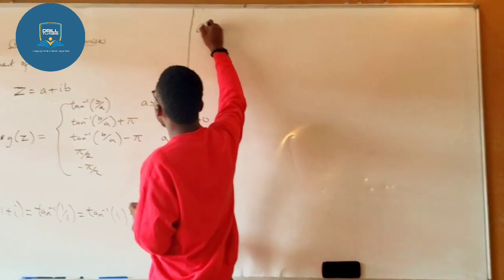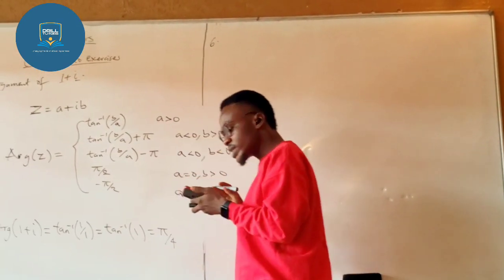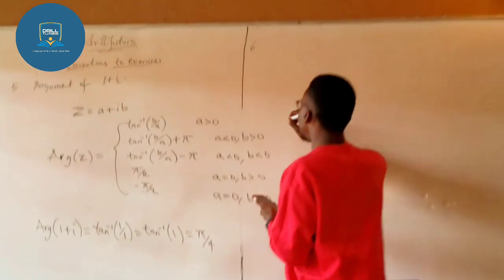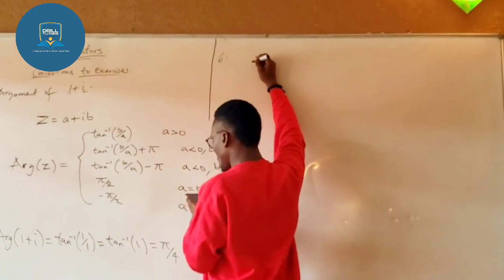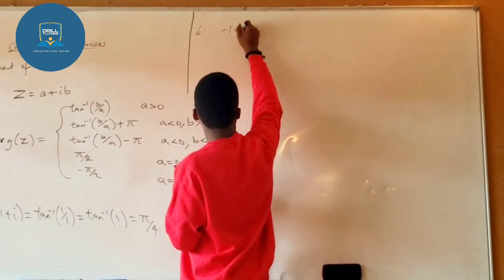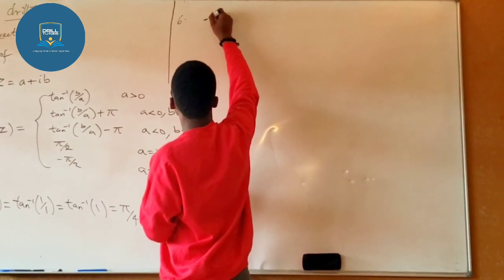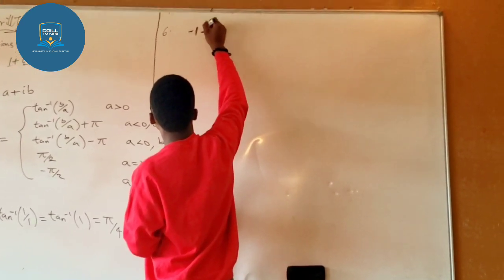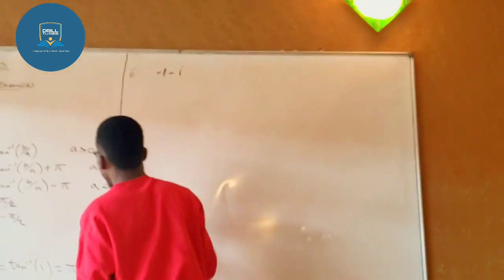Now to question 6. Question 6 says compute the argument of minus 1 minus i. We want to find the argument of minus 1 minus i. What do you see here?